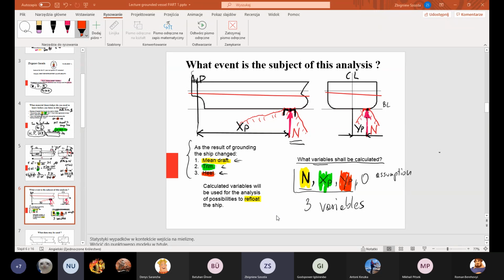No, I didn't catch the point. Yes. I didn't catch the point. For the assumption, you erase ZP and then you put 0 for the assumption.